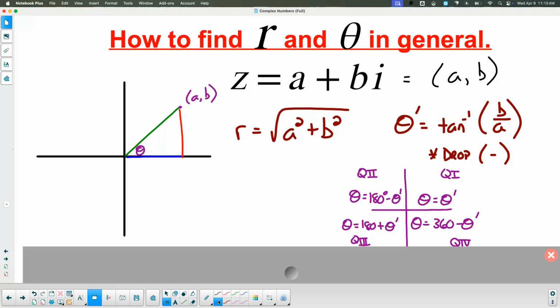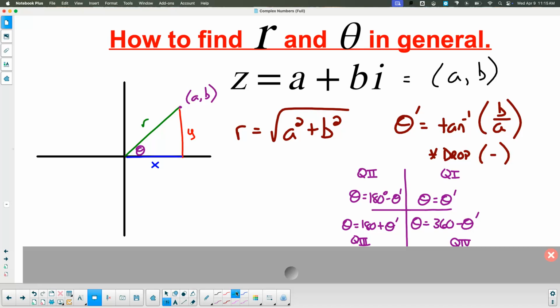Okay? Let's call this blue side X. Let's call this red side Y. What would I call the green side? I would call it R.